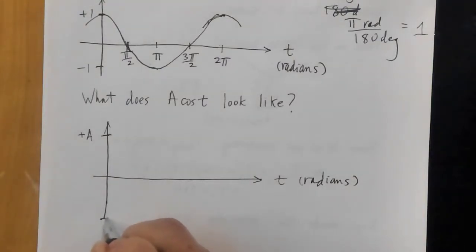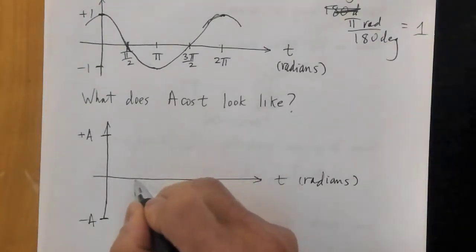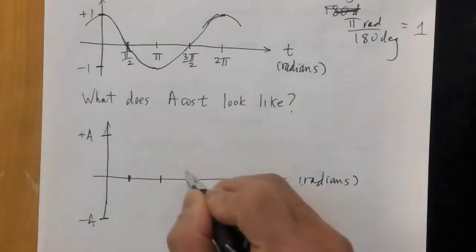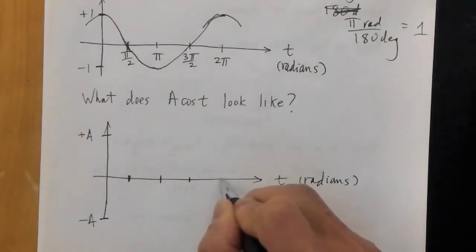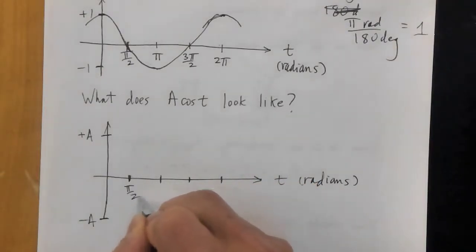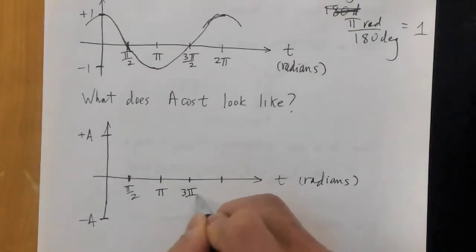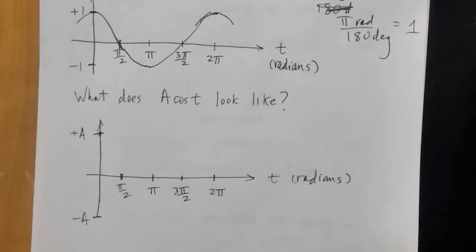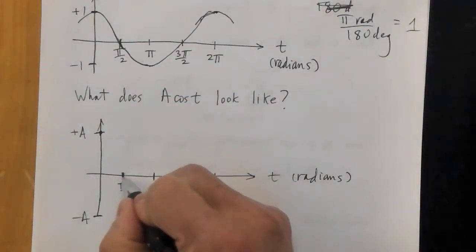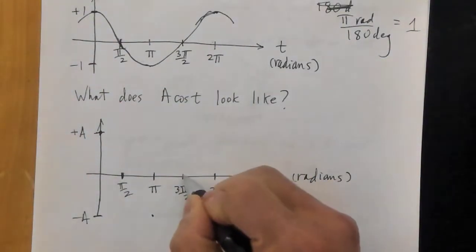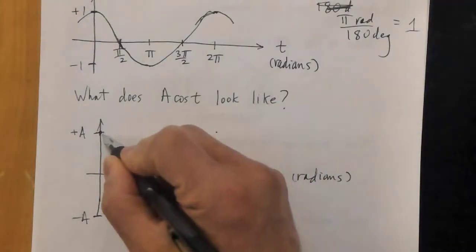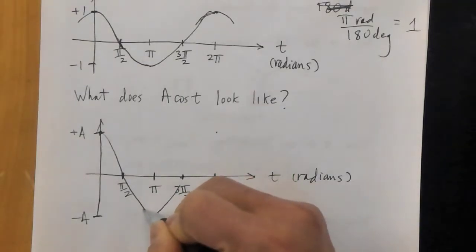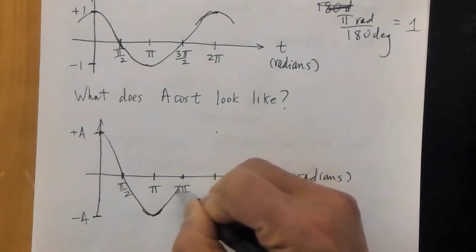This down here is negative a. And we have again pi over 2, pi, 3 pi over 2, 2 pi. And it will go from positive a, I'm just stretching this by a factor of a. It'll go through 0, then go to negative a, go through 0, and then go back to positive a.